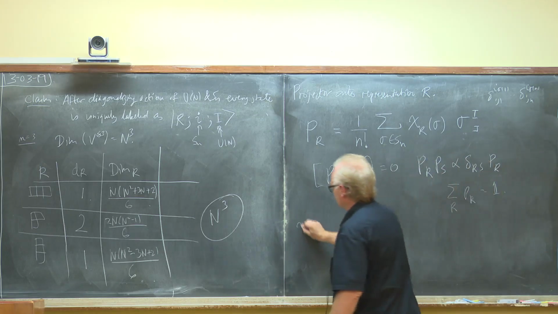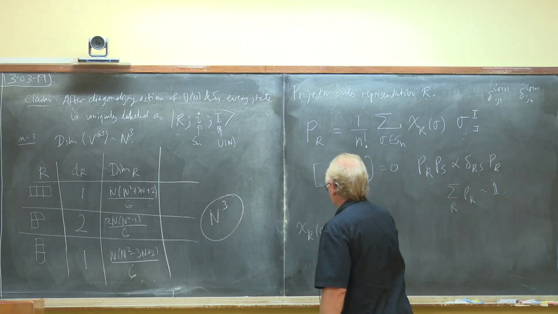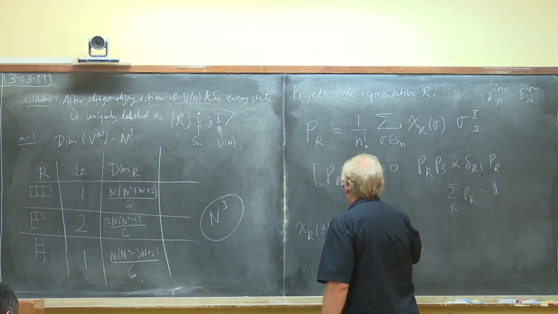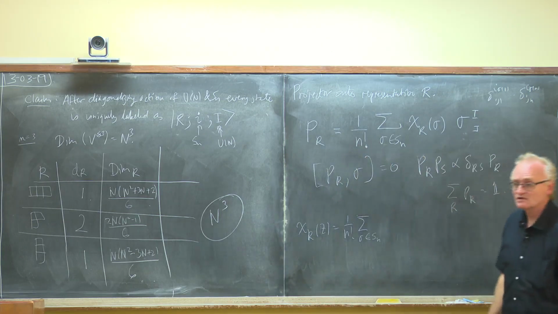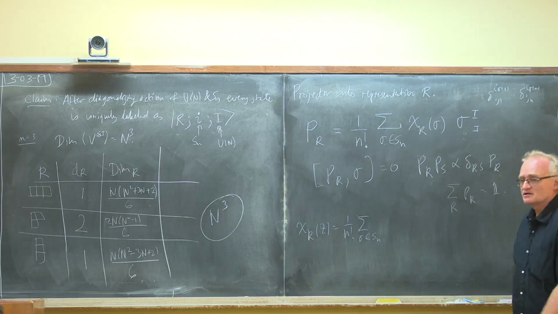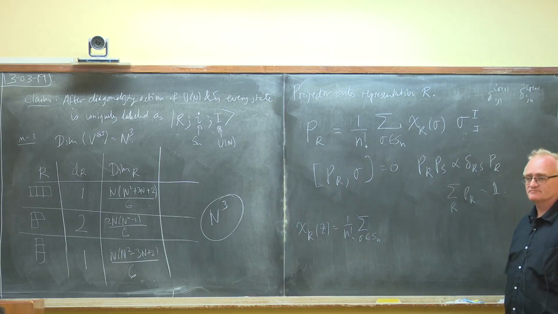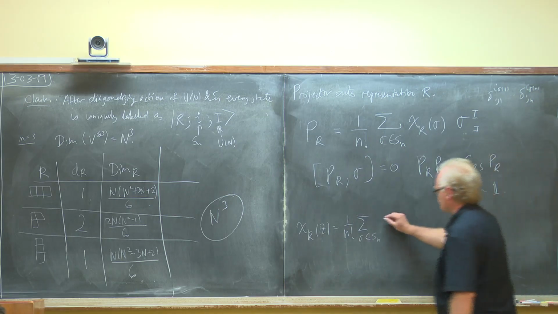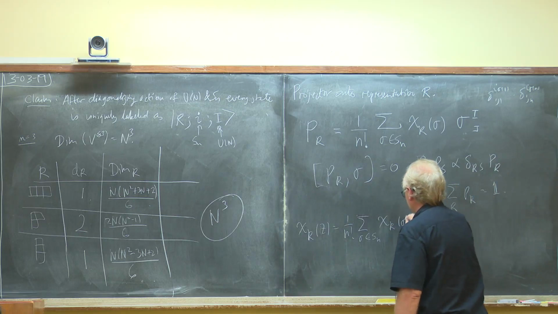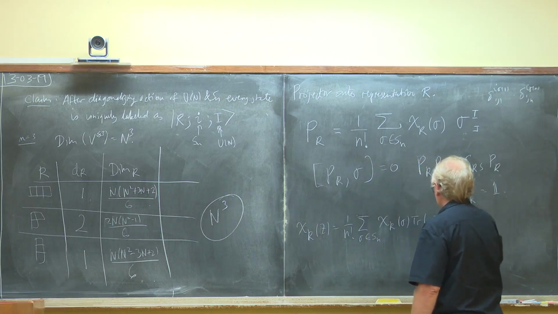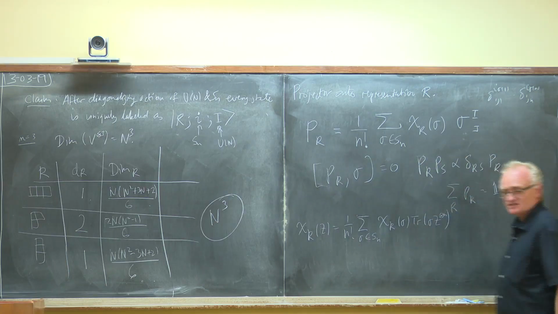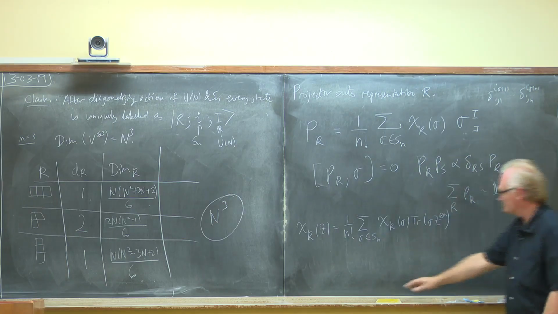If you now take a look at the Schur polynomial, so this is a projector of the representation R of UN or Sn? Both. Since they're combined, it's the same. Yeah. If you're in a particular representation of Sn, you're in the same representation of Sn in this space. So that was the formula that we had for the Schur polynomial.